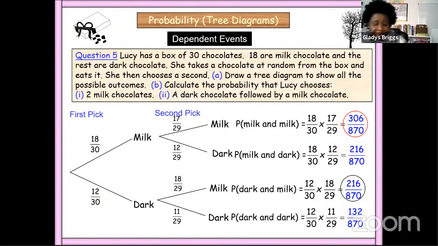Lucy has a box of 30 chocolates. 18 of them are milk chocolates and the rest are dark chocolates, so that's 12. She takes a chocolate at random from the box and eats it. Then she chooses a second chocolate.